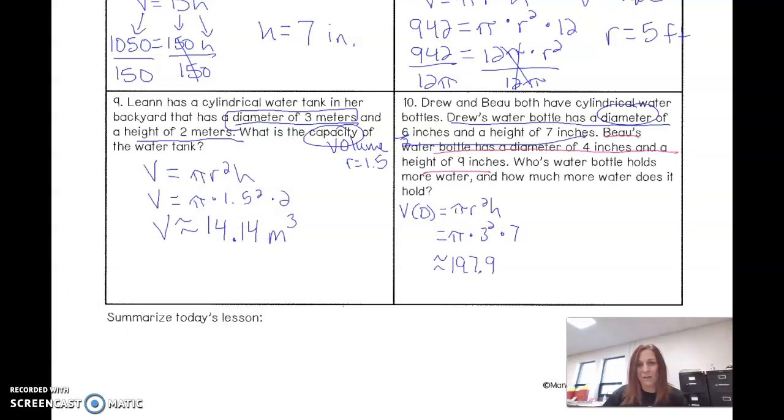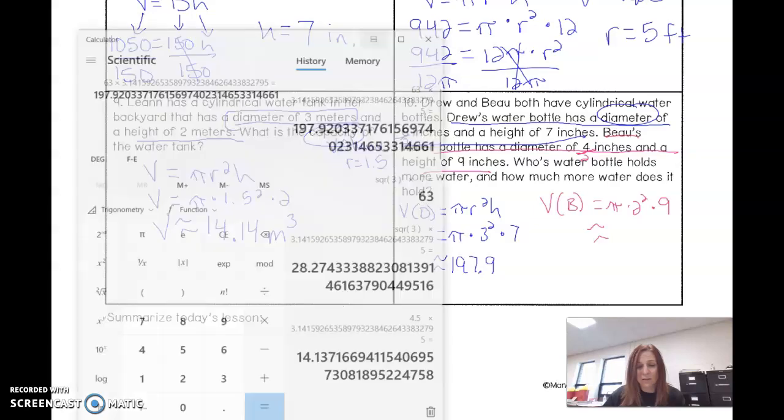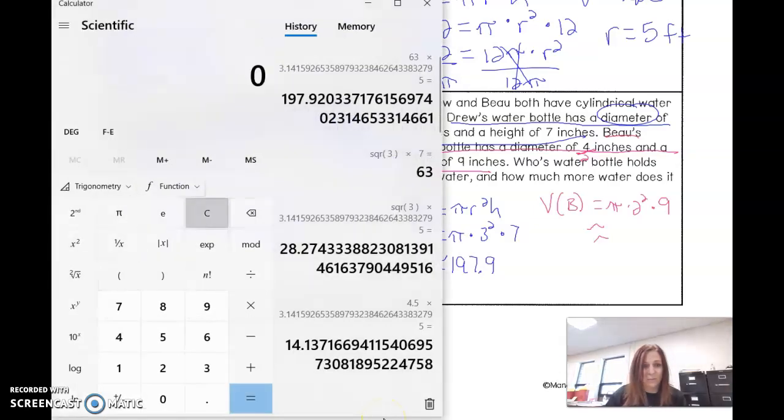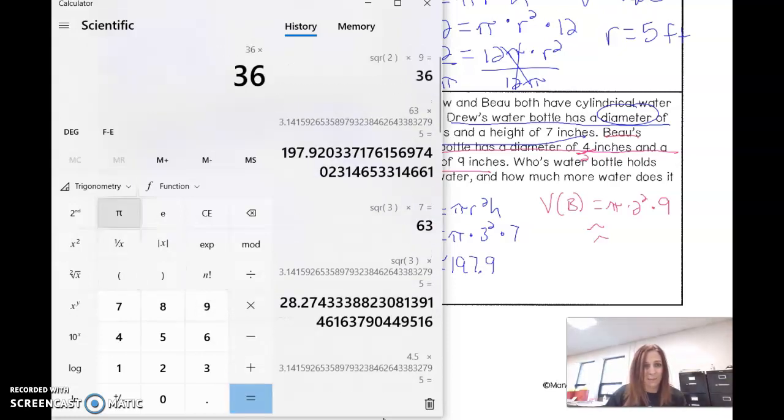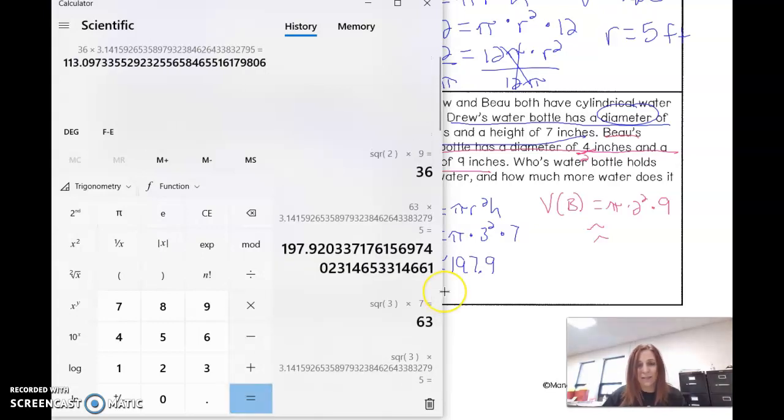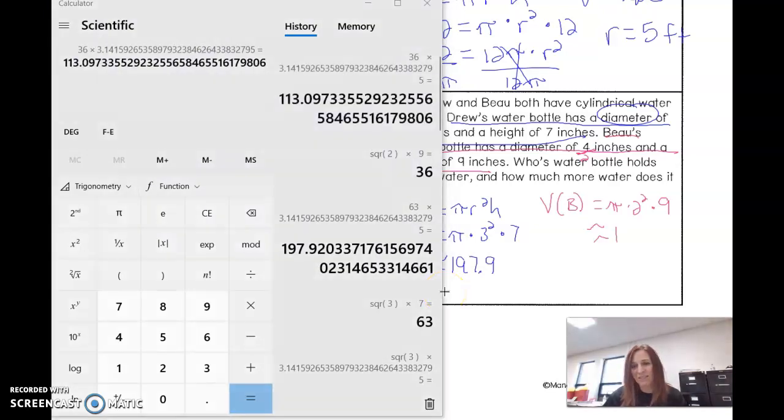And then we're going to take the volume of Bo's. Okay, I'm going to use the same equation here. Pi times our radius, diameter 4, divided by 2. And that's times 2 squared times our height of 9. So 2 times 2 is 4 times 9 times pi. And we get an answer of about 113.1. Again, approximate.